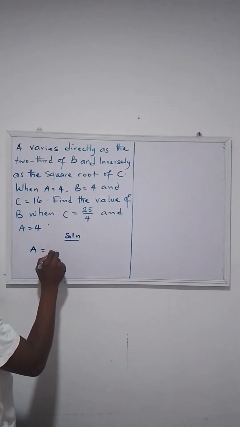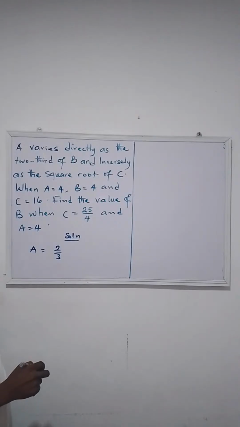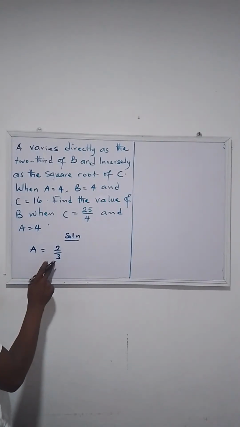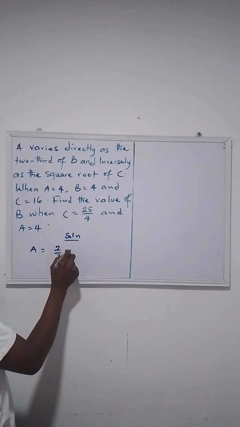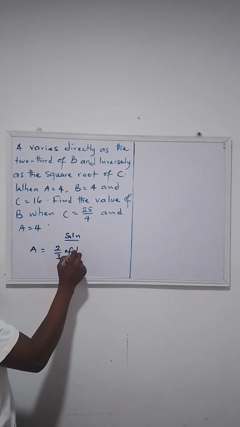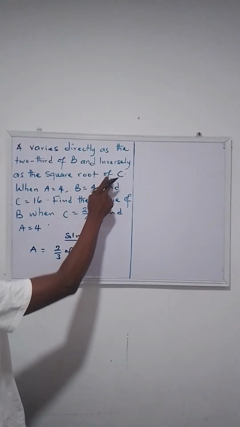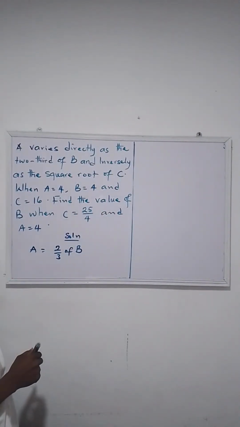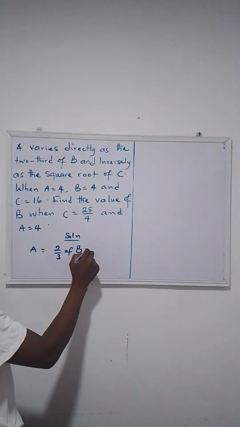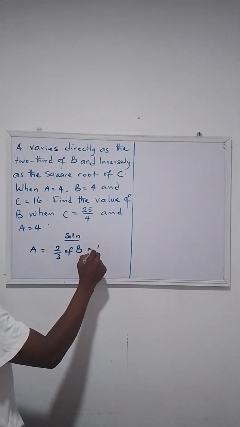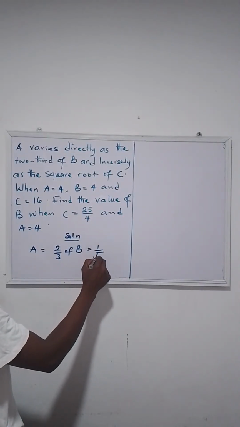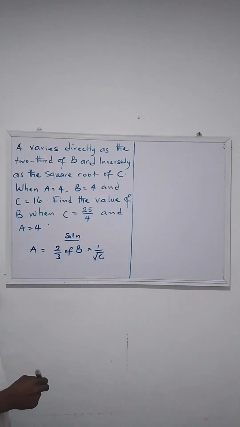Two-thirds is 2/3, so two-thirds of B, and inversely as the square root of C. Inversely as the square root of C, that is times 1 over square root of C. Now let's go through it again.